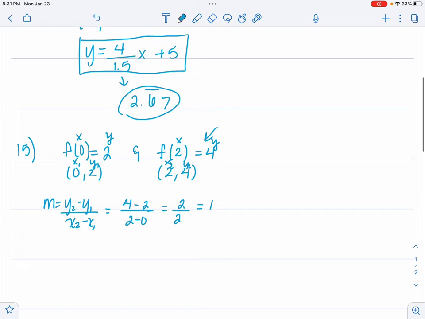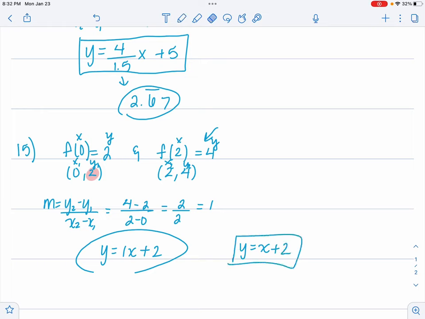And the y-intercept is 2. Remember, it's the y value when x is 0. So we have to be looking at this ordered pair. So y equals 1x plus 2. If you wrote your answer like that, Big Ideas should accept it. Otherwise, you don't have to write the 1 there.